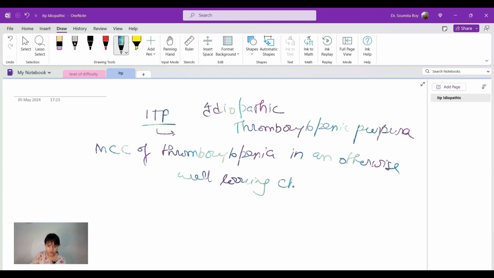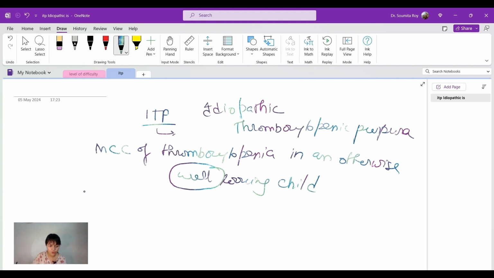Okay, so the most important point here is, in an otherwise well looking child. This you need to remember, students. So all the children of ITP appear to be non sick. Okay, they are well looking children.